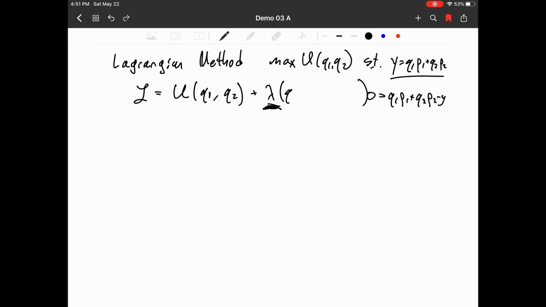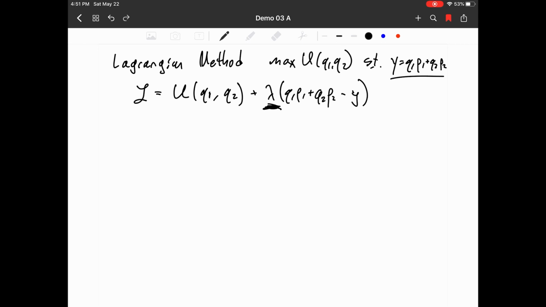So here we have Q1 P1 plus Q2 P2 minus y. Okay, and we're treating y as a constant. It's not something we have control over. So this is the function we're aiming to maximize. But here we've introduced a new variable, lambda.